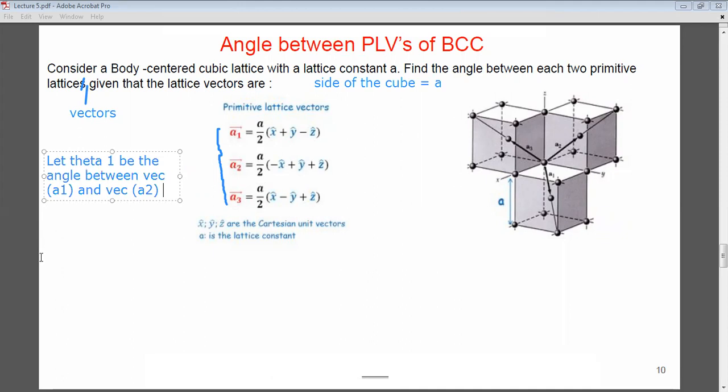So what's the formula? The formula is cosine of theta 1 is equal to vector A1 dot vector A2 divided by the absolute value of A1 times the absolute value of A2. Right?